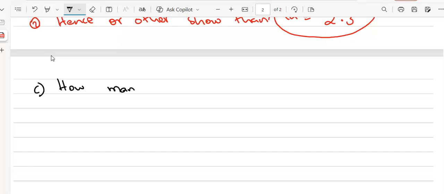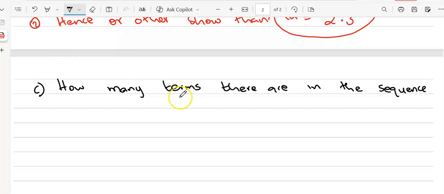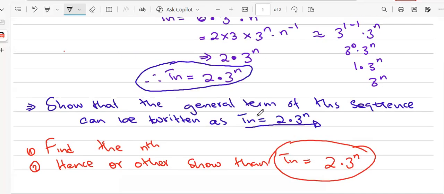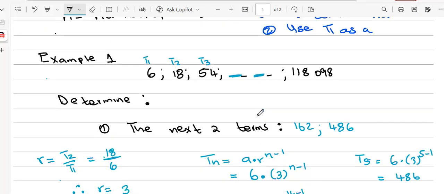Remember, this is our sequence. Looking at this sequence, take a minute and think about how many terms there are, and also the best way we can find the number of terms for this sequence.